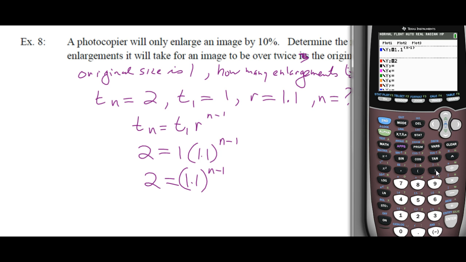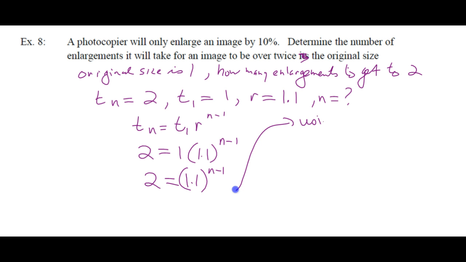So we can go into the table. Look at 8, it's 1.9487, and at 9, it's just a little over 2. So how many enlargements? 9. So n is 9. Using the calculator, n is 9.